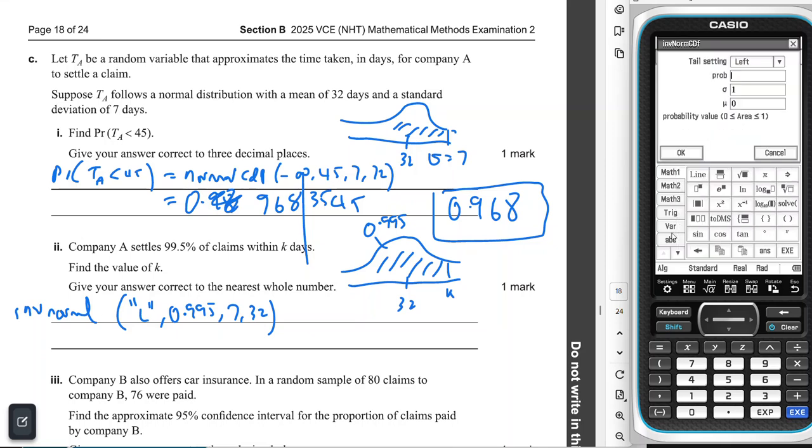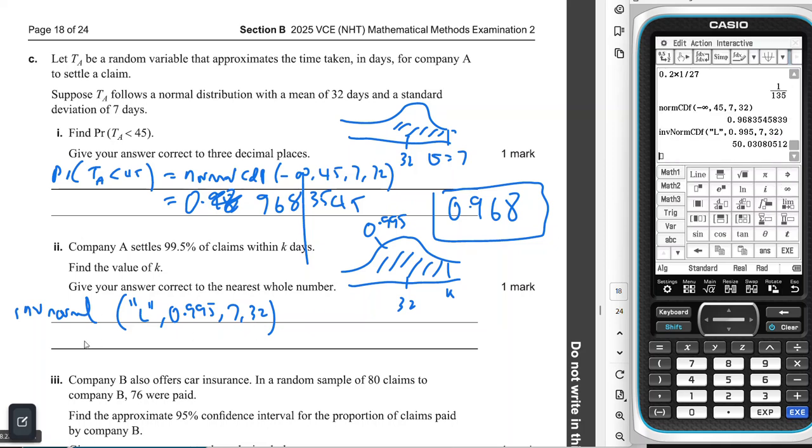So inverse normal CDF, left is 0.995, standard deviation is 7, mean is 32. So K equals 50.0308, nearest whole number, K equals 50.